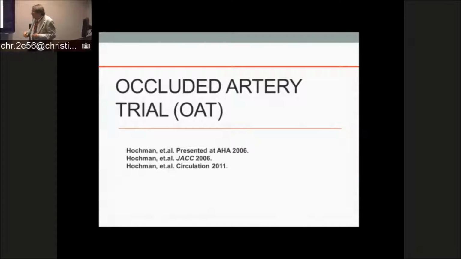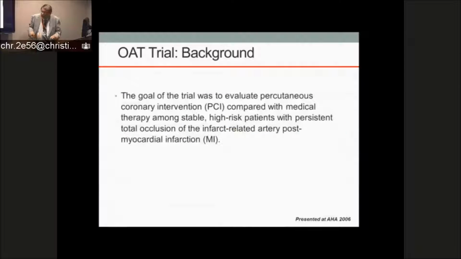So there was another major study, the Occluded Artery Trial, and for whatever reason, this was not included. Basically, what the OAT was looking at was the same treatment, PCI versus medical therapy, but in a different patient population than the COURAGE trial.